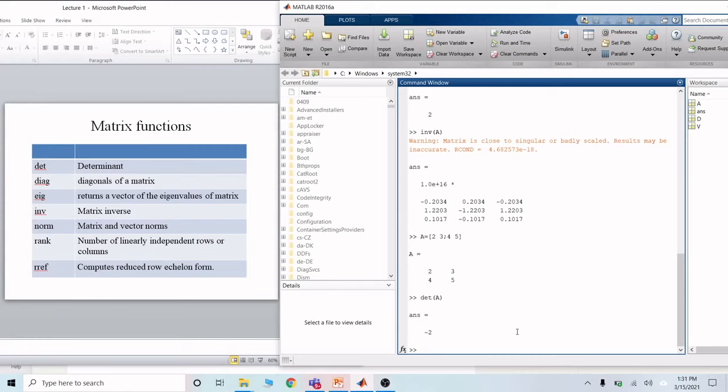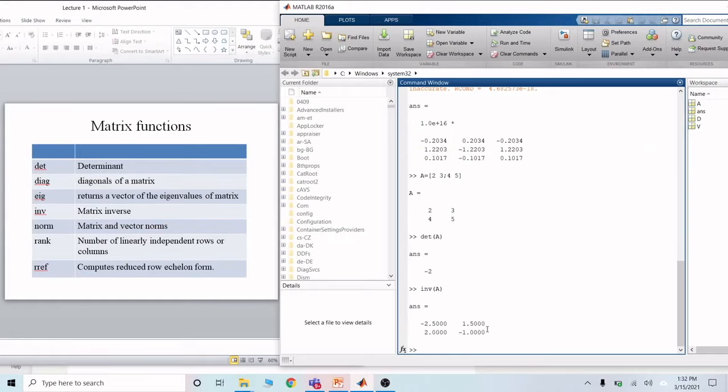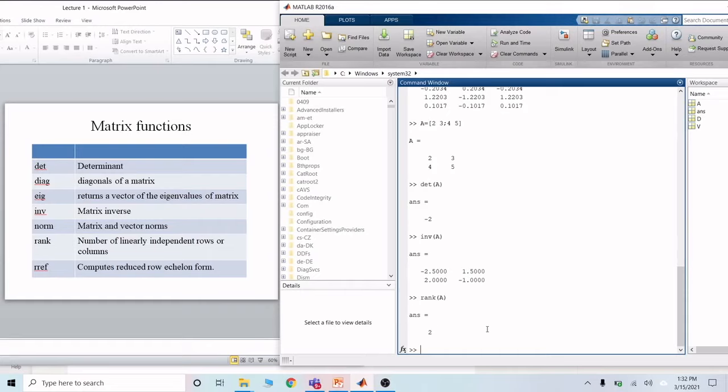This is a 2x2 matrix. 10 minus 12 is minus 2. Determinant is minus 2. INV of A is equal to this. Okay, 2x2 is simple, so I'm showing the 2x2 matrix 2 3 4 5. Rank of A is equal to 2.